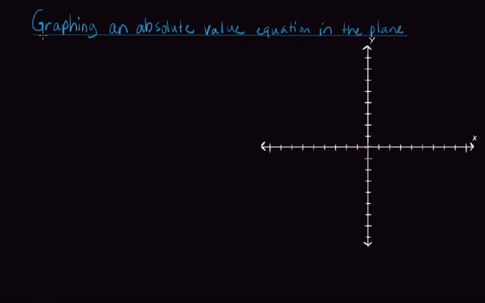Okay, now I'm just going to get a new screen here. So now I want to try a somewhat more complicated equation, I guess. It's not terribly complicated. y equals the absolute value of x plus 1, plus 3.